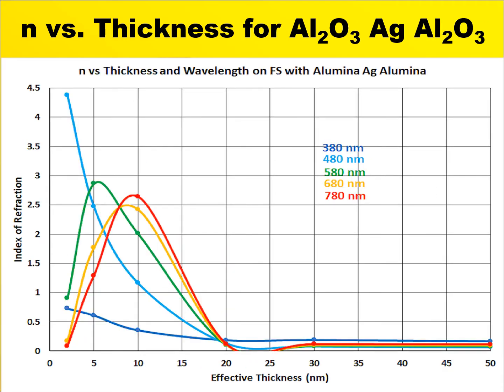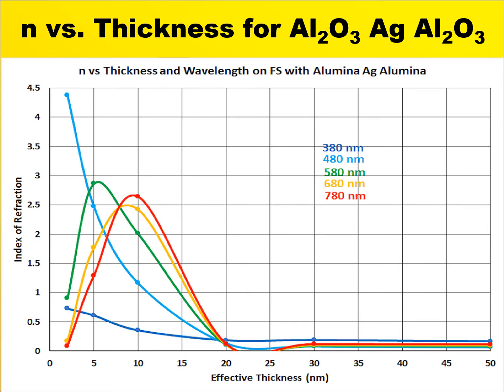Here's the same kind of plot for a different silver process where the fused silica substrate has about 7 nanometers of aluminum oxide, and then the thickness of silver, and then another 7 nanometers on top of that. So this process and adjacent layers varies with what we have here. And we'll see that in this case, 20 nanometers is where it starts to become bulk.